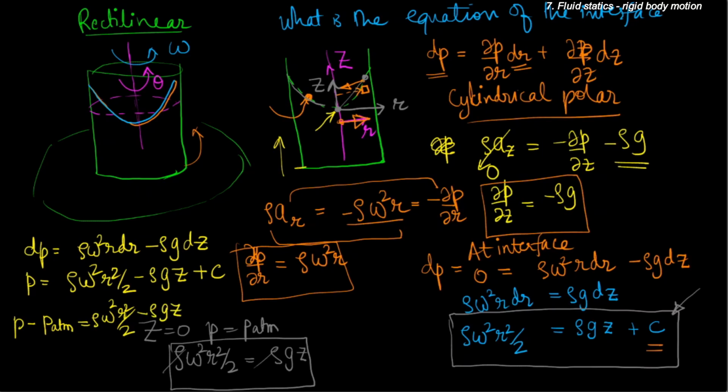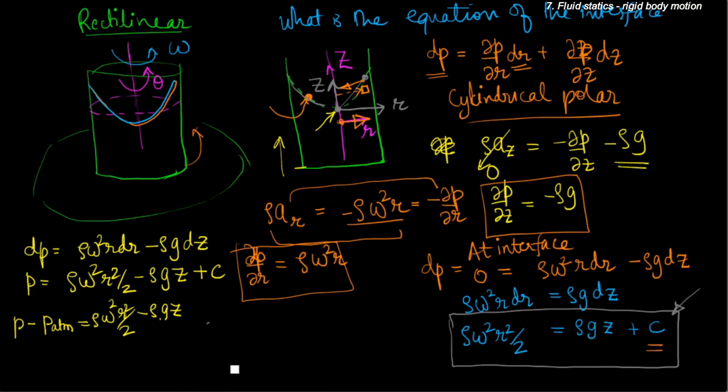And with the help of this particular equation, you can put in any r and z you want, and that will evaluate the pressure at that given point. Okay, so this is how you do it. But remember, at all the points on the interface, you will find out that P is exactly equal to P atmosphere, because these are all the points on the interface.